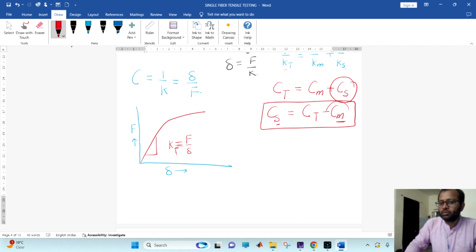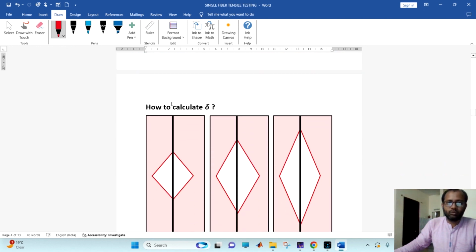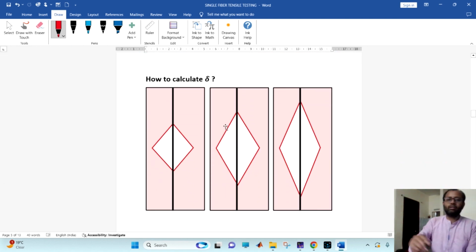So how are we going to get the compliance of the machine? That is the important thing that I am going to tell you in the next part. For finding the compliance of the machine, we have to make samples of different gauge lengths.